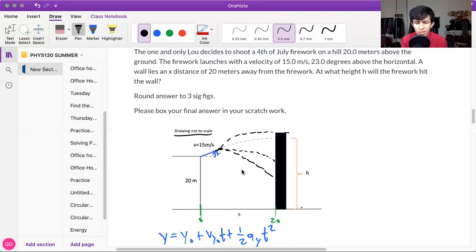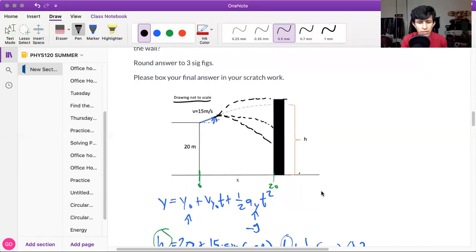Aside from that, you just want to use your kinematic equations, plug in your initial conditions, and then find the answer from there. So what I like to do is begin with the y equations, because we're trying to find the height, which is a y value. And if we work backwards, for me, that just makes the most sense.